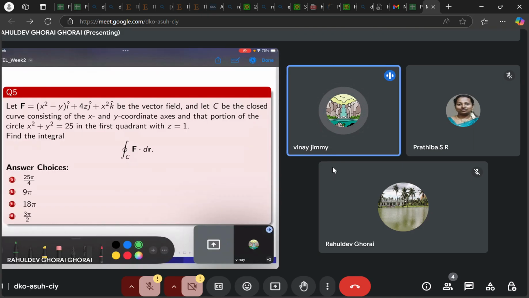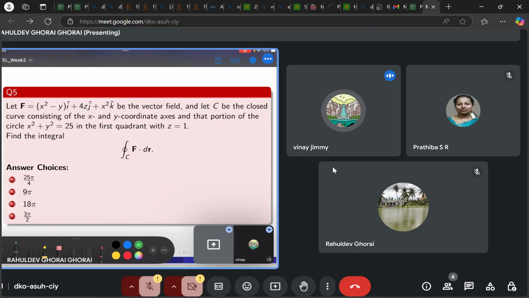Green's theorem, sir. Green's theorem was only for two directions, F1 and F2. Here you have F1, F2, F3.